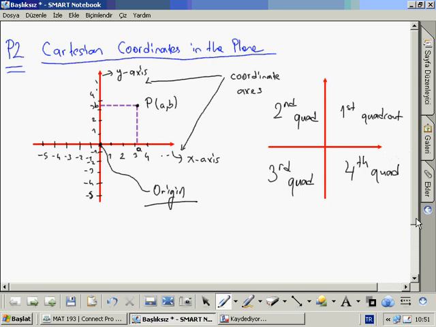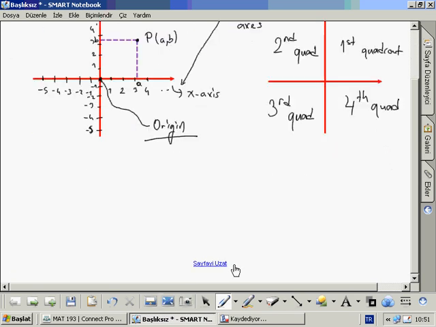And let's talk about the increments and the distance.